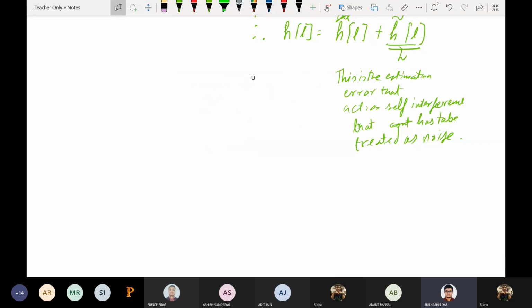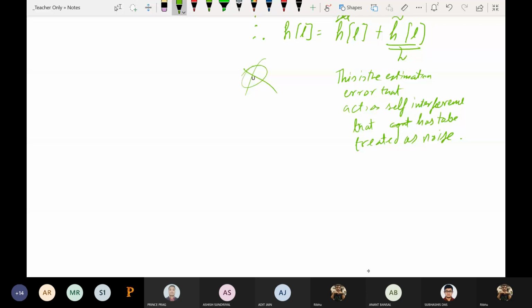Yes, sir, like LMMSE we did, but not with this kind of application. These are applications. Modern wireless communication is all application of detection and estimation theory. So this completes the discussion on equalization and channel acquisition.